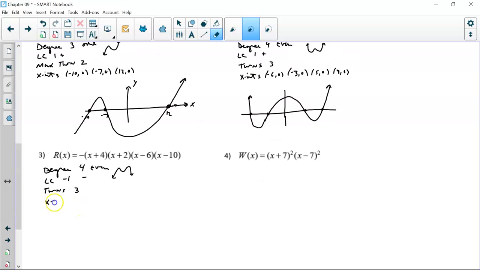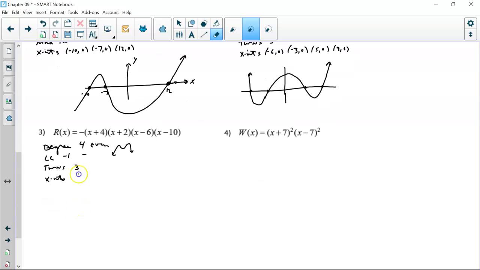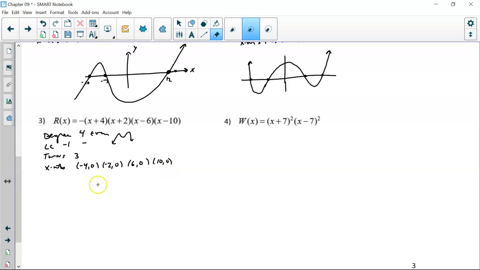And now our x-intercepts: -4, 0, -2, 0, 6, 0, and 10, 0. So here's my -4, my -2, my +6, and my +10. Now, it's going to start, go up through, back down through, turn, back up, turn, and then back down. And there is our graph.